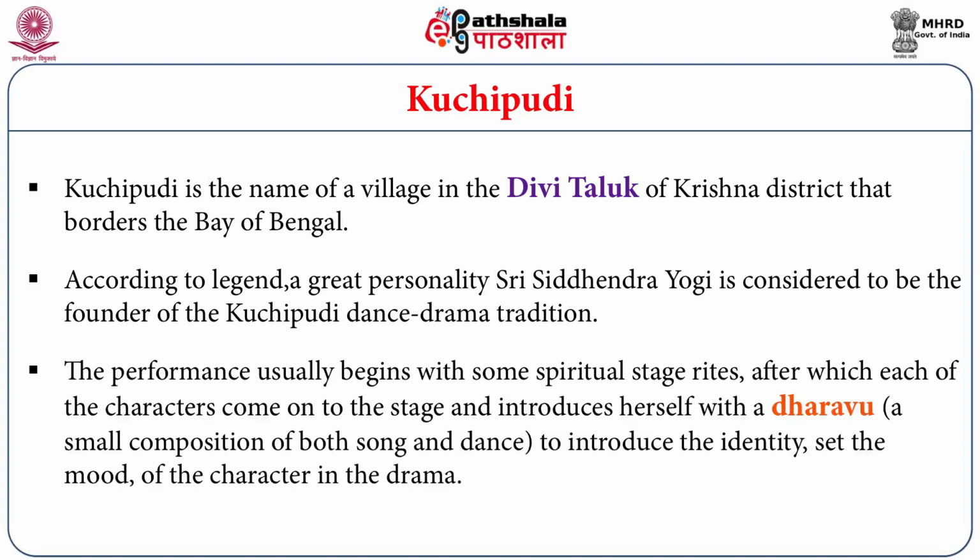The performance usually begins with some spiritual stage rites, after which each of the characters comes onto the stage and introduces herself or himself with a daruvu, a technical term for a small composition of both song and dance to introduce the identity and set the mood of the character in the drama.